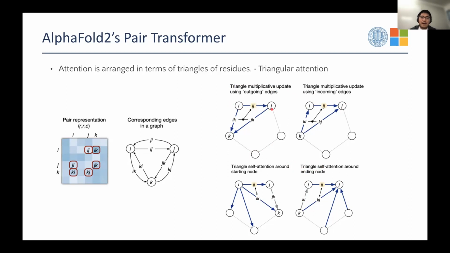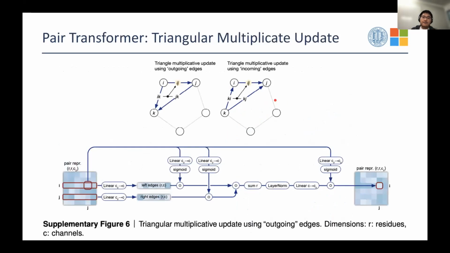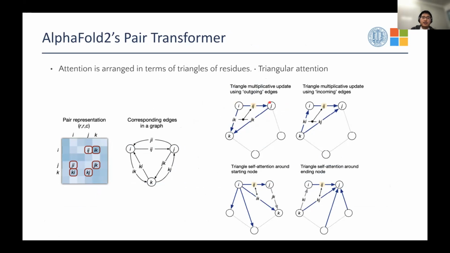which is when we are updating the edge at entry ij, we are considering all the outgoing edges to other residues at the same time. That is, we are considering the impact of ik and jk, which are outgoing edges from nodes i and j.